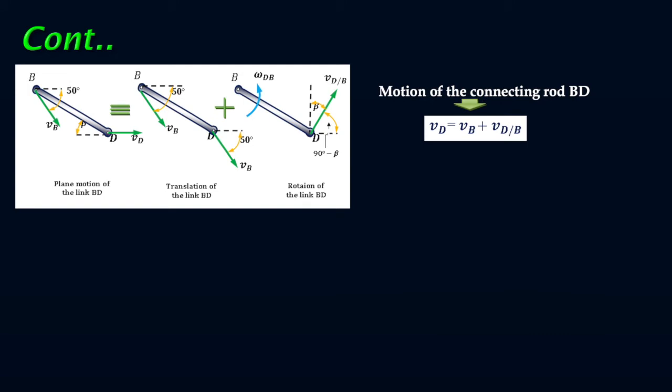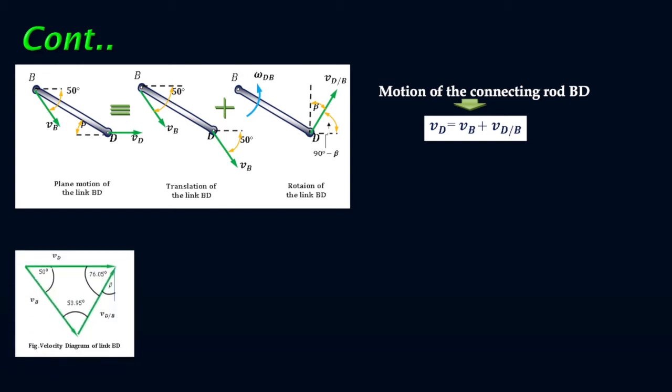Now let's find out the relation for VD. VD means the absolute velocity of point D, that can be written for this link BD as VD equals VB plus VDB, as we already established in this equation.